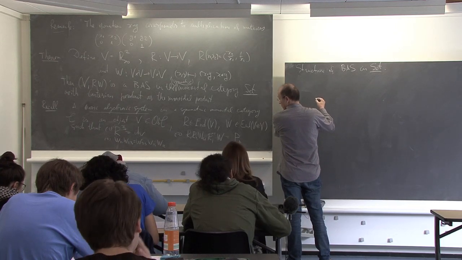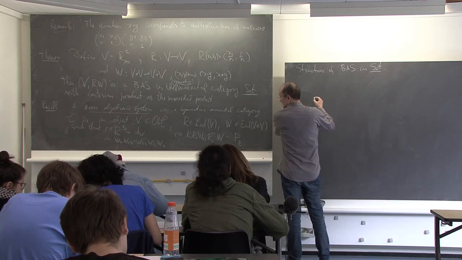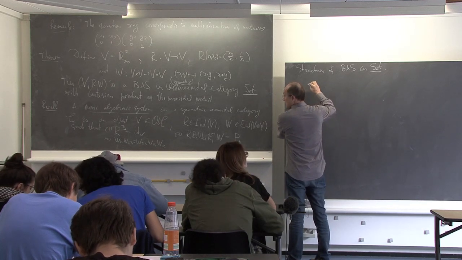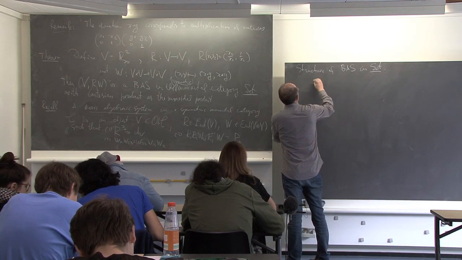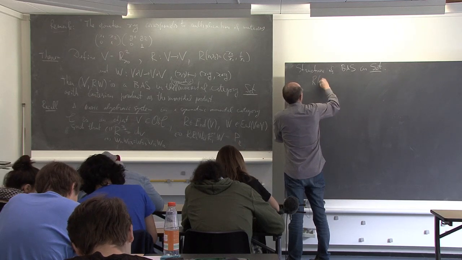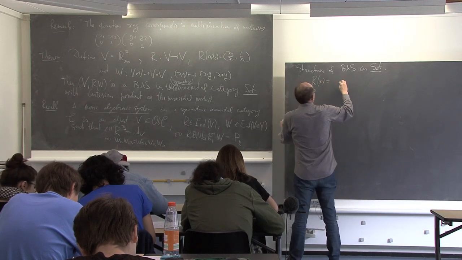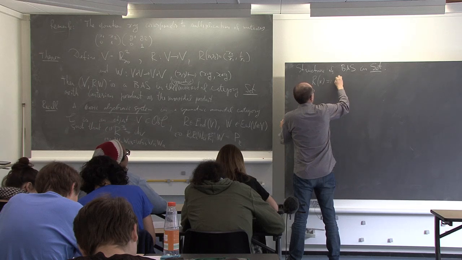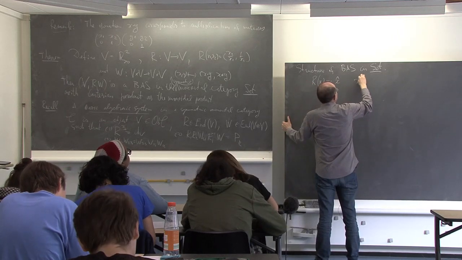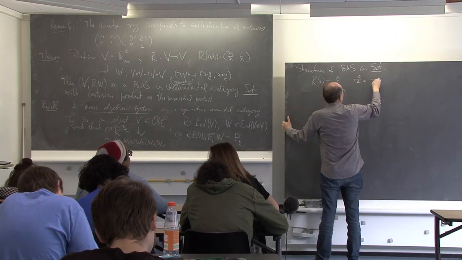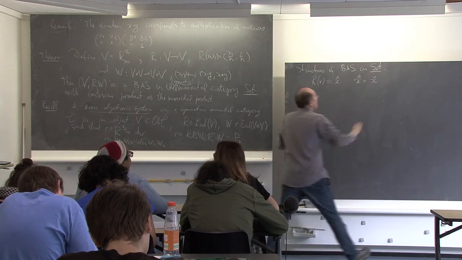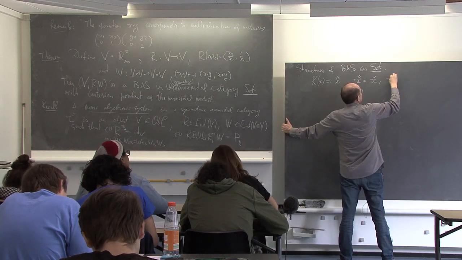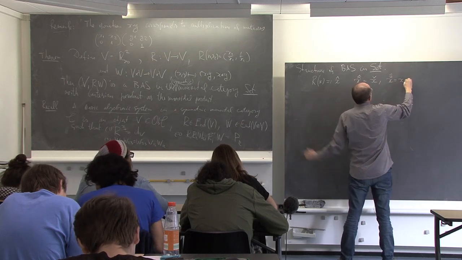Of course, if we say R of X, let it be denoted X hat, then X hat hat we will denote by X check, and then X triple hat will be X, right?